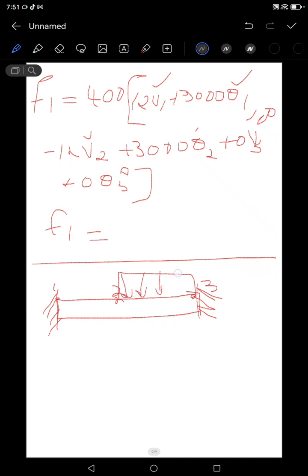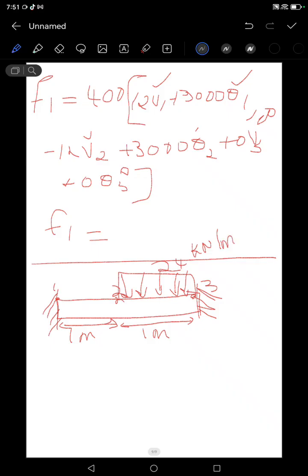I hope you all know what a UDL is. So we have a UDL like this. From 1 to 2 we have a length of 1 meter, and from 2 to 3 we also have a length of 1 meter. Here the UDL is 24 kilonewton per meter.